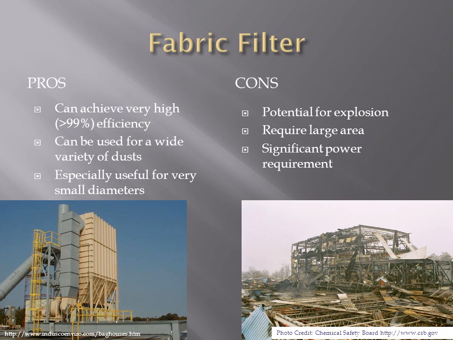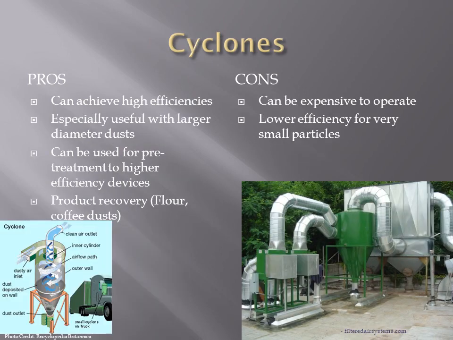Seen here is a fabric filter or baghouse. This is the most commonly used method in industry to control particulate matter. This is because they can achieve very high efficiencies and can be used for a wide variety of dust. The major drawback to these methods is that there can be a potential for explosion if not properly maintained.